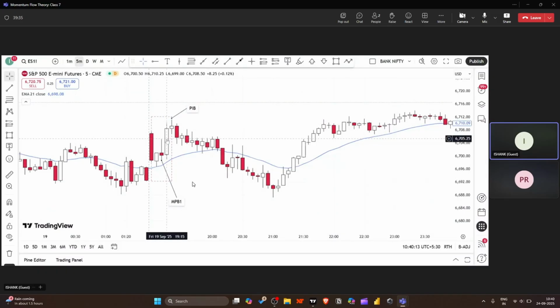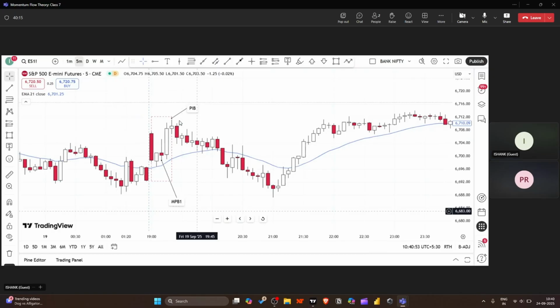This is the spike and this is the breakout. We are including this pause and this bar, because the move started from there. That means the spike started from there.